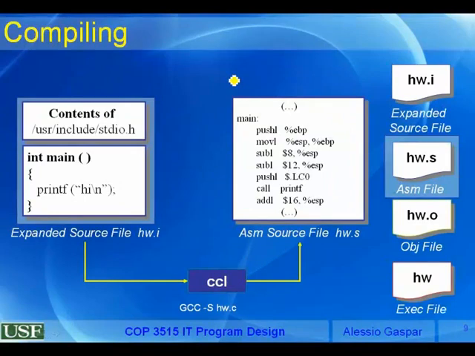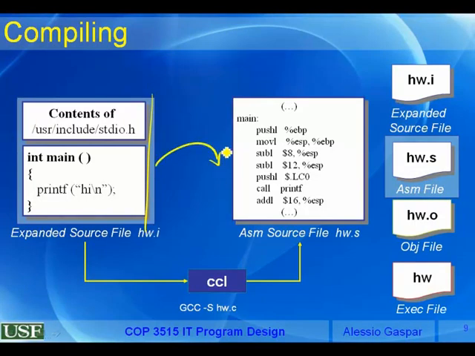Once we are there, we are going to take this expanded source file and apply a step which is going to translate what is written in a high-level programming language into a lower-level programming language, something that is closer to the hardware, closer to the CPU particularities. You can see on this slide that we take everything we wrote here and translate it into assembly language.